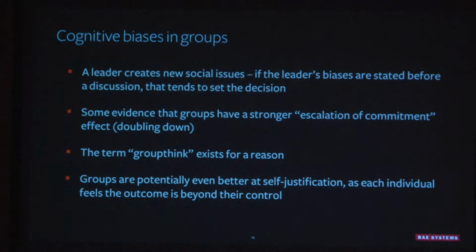It's also easy when you start hearing other people's reasons to kind of start questioning maybe a dissenting point of view. And also groups are even better at self-justifying their decisions, which is obviously a huge problem. You can retroactively think like, oh, well, this was the right decision because of X, Y, Z, and in groups it's even more so because you have less control in the situation since it was a group decision, so you're even more removed from like the responsibility aspect, which obviously is a problem.